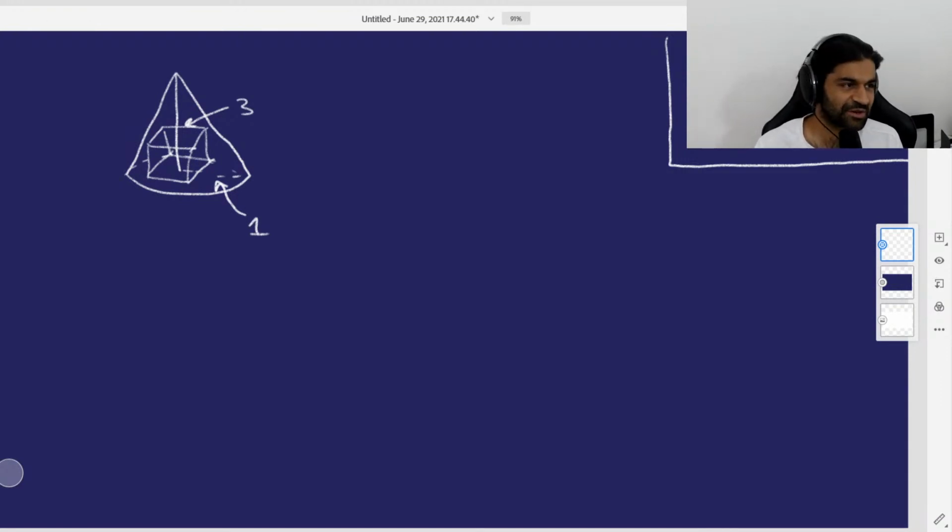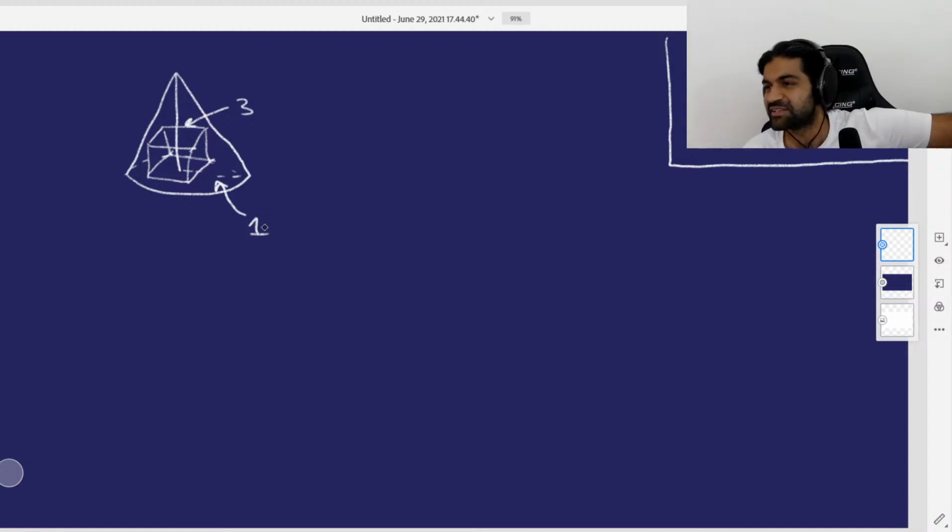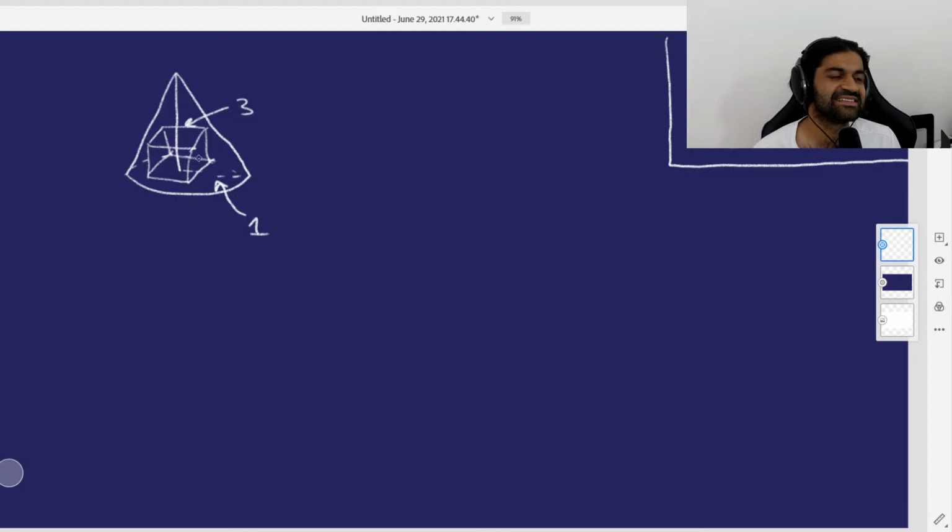You have a right circular cone. It has a base radius of 1 and a height of 3, and there's a cube inscribed inside it, so that the bottom face of the cube shares a face with the bottom of the cone. And the question is, what is the side length of the cube? That is the first question here.